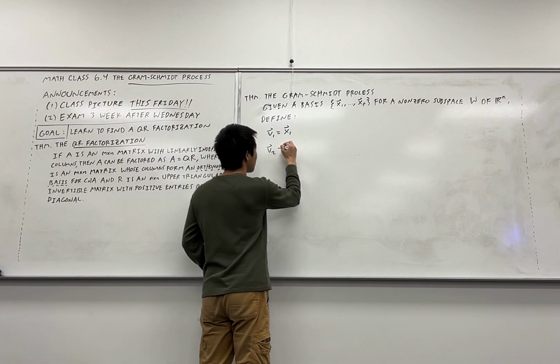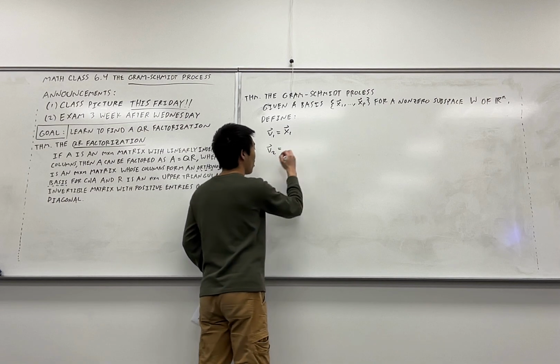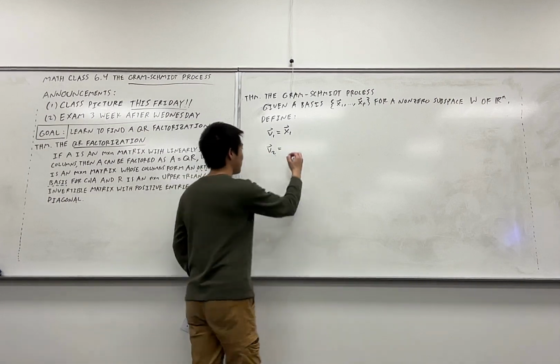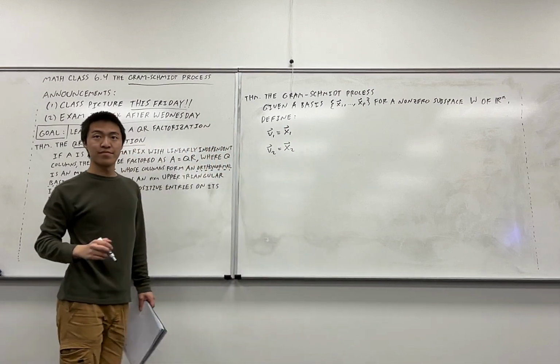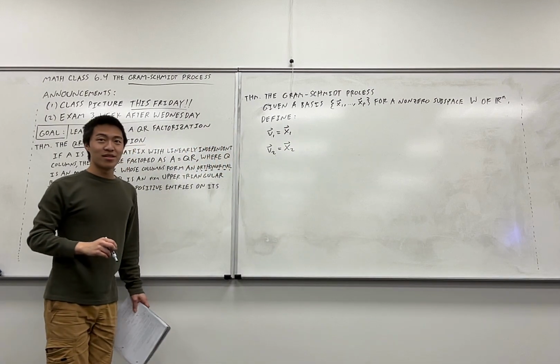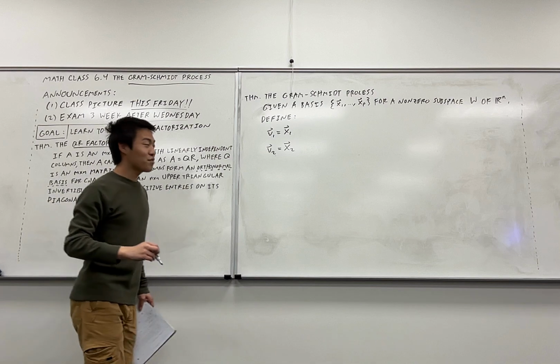So v2, what we do is we basically approximate. I'm going to take my x2 vector, and what I'm going to subtract from it is a familiar face, hopefully.